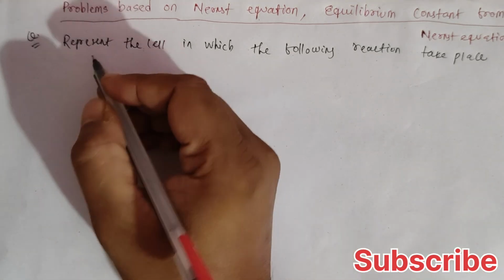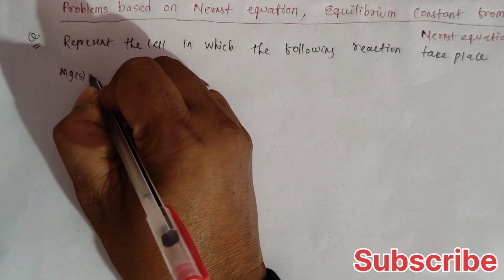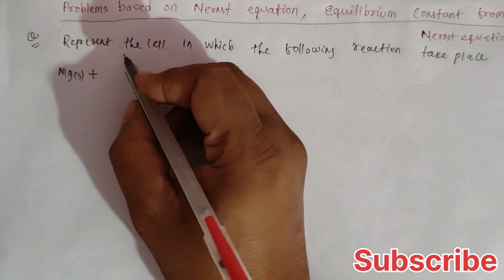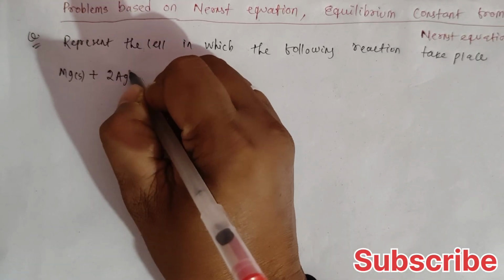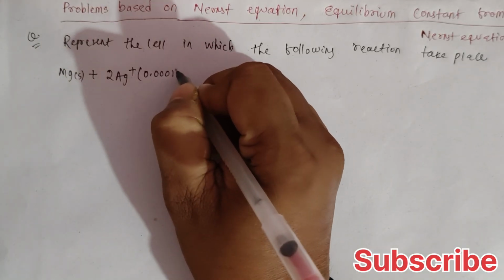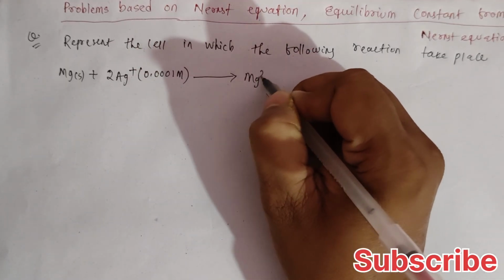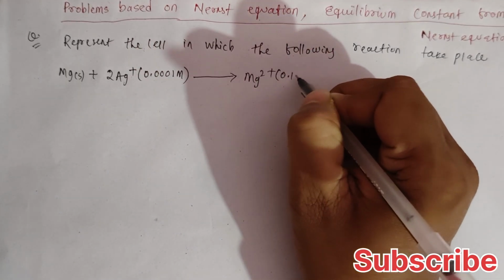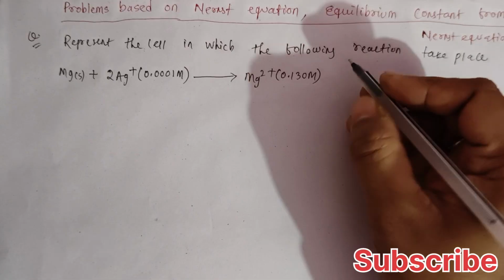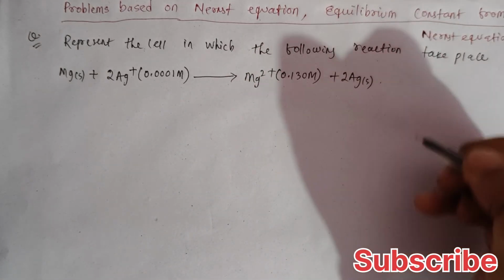The reaction will be Mg solid plus 2Ag+ with concentration 0.0001 M, gives Mg2+ with concentration 0.130 M plus 2Ag, which is in a solid state.